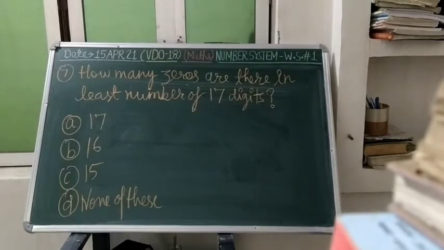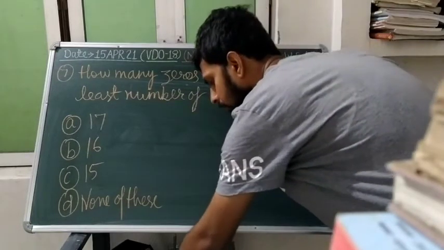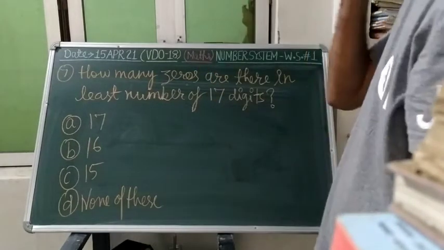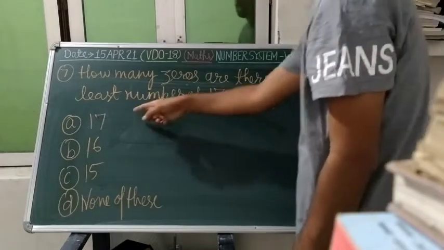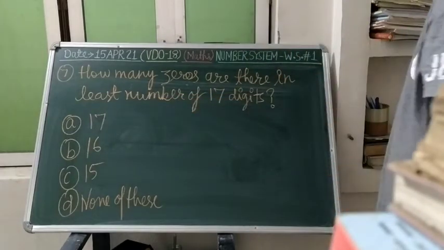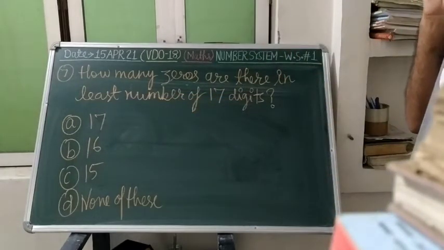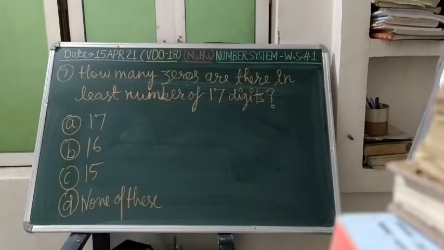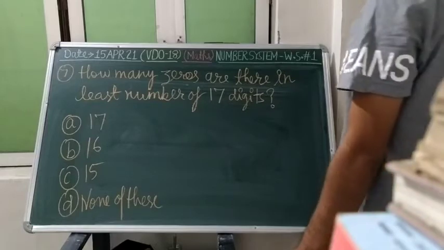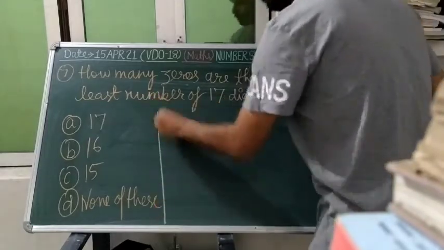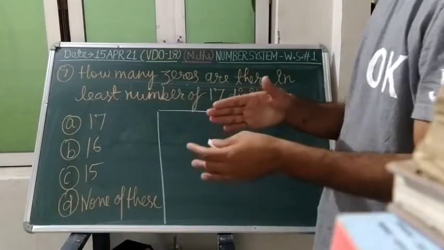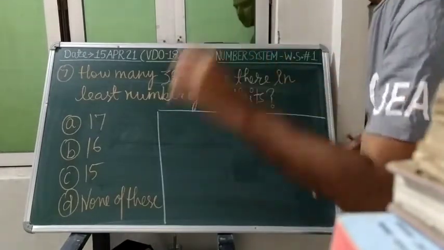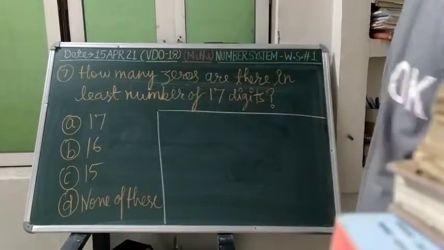The seventh problem is saying to you to find out the number of zeros in the least number of 17 digits. If you are writing it, how many zeros will come in that, we want to know. Some students will do it the long way, they will find out how many digits should be there.